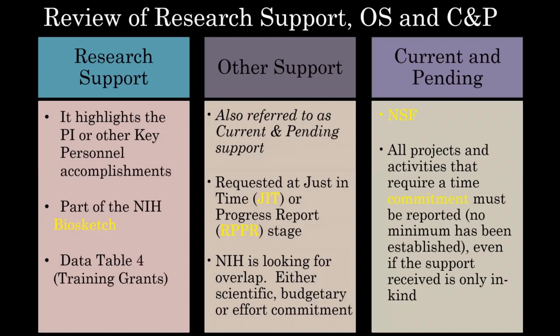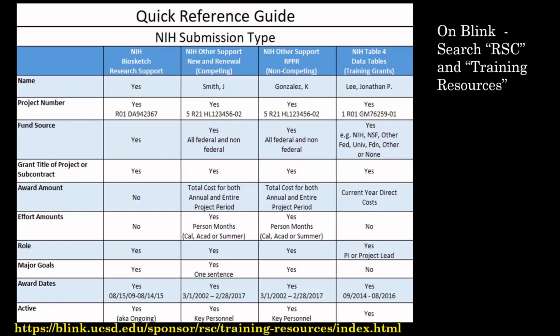Remember, current and pending support is the correct jargon for NSF, and NSF really wants to see all the projects that require time commitment on their grants, and it even includes in-kind contributions. So the two agencies are slightly different in what the requirements are.